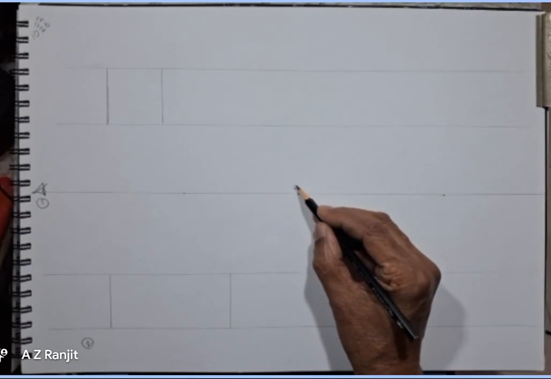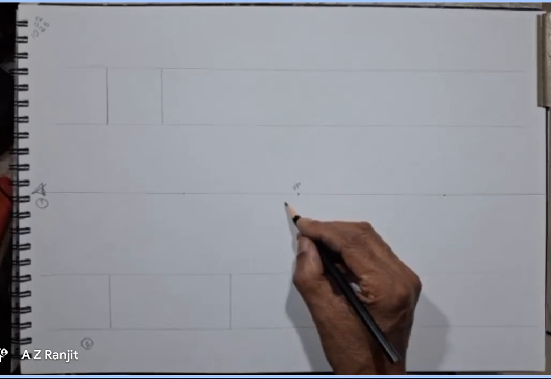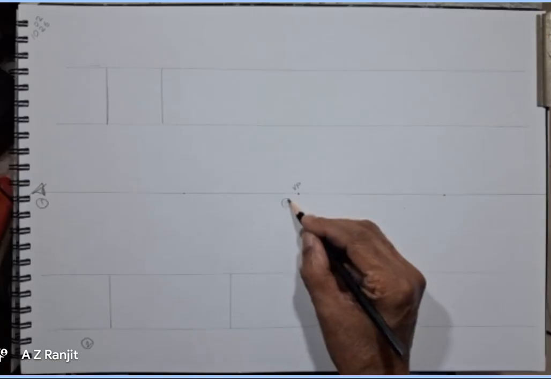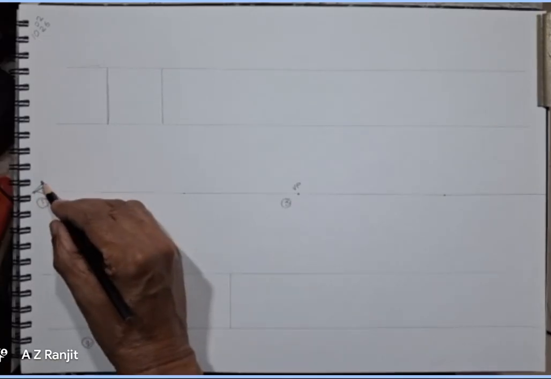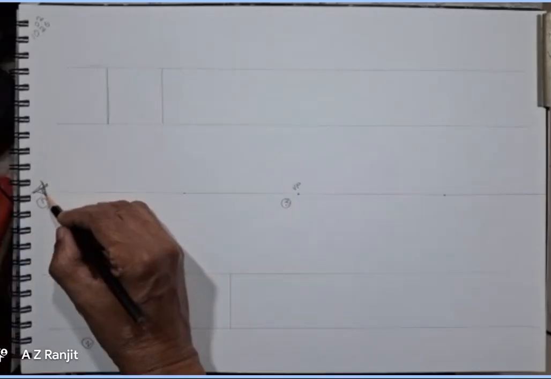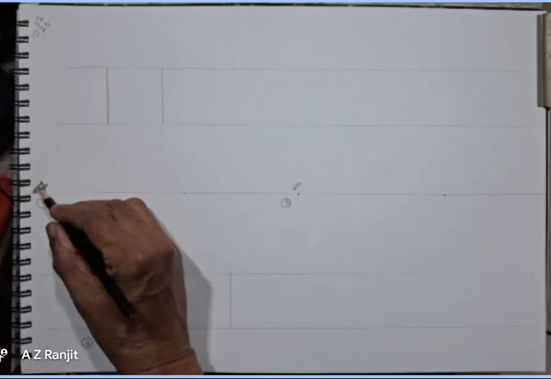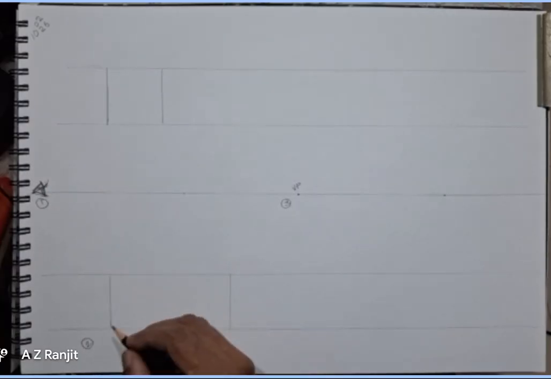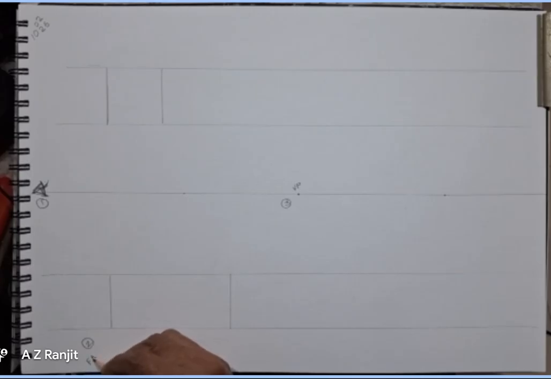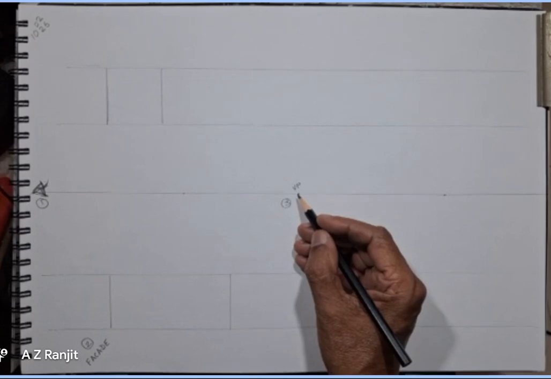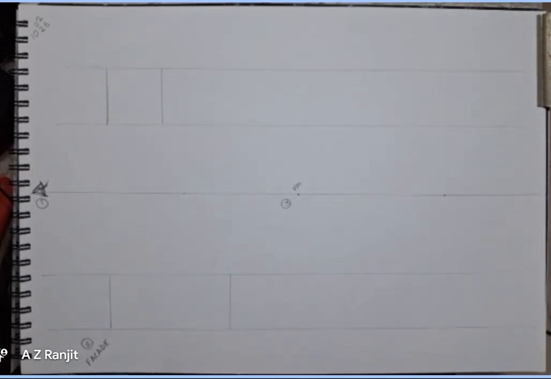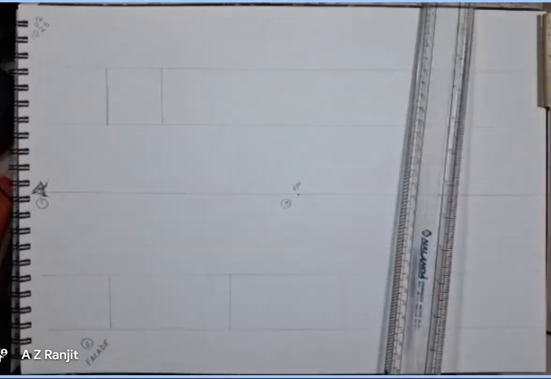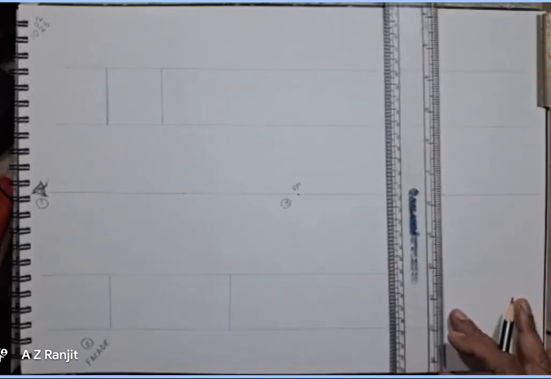So the vanishing point is the third. That is self-explanatory. So this is the facade, and that's the vanishing point I've written there. Now I'm going to draw several facades.